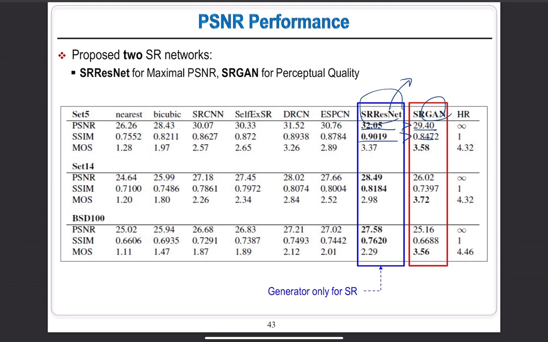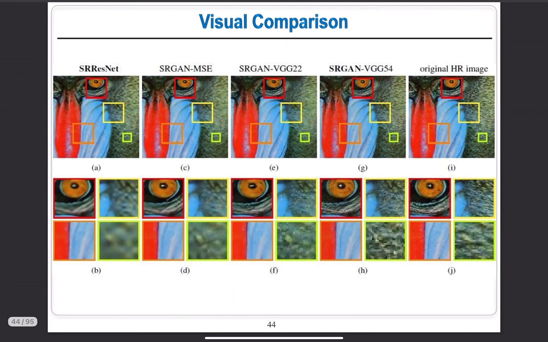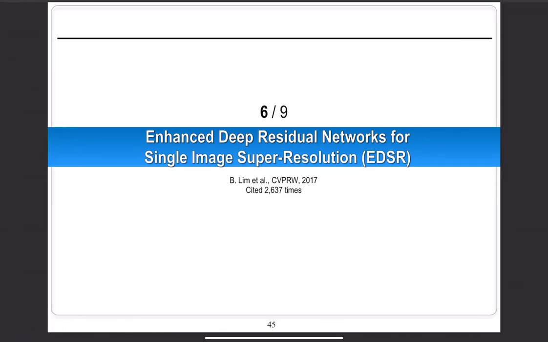Depending on the application, one might prefer SRResNet for quantitative accuracy or SRGAN for perceptual or visual realism. This dual approach provides flexibility for different tasks, whether scientific imaging, media enhancement, or consumer applications. And this is not important for you guys.